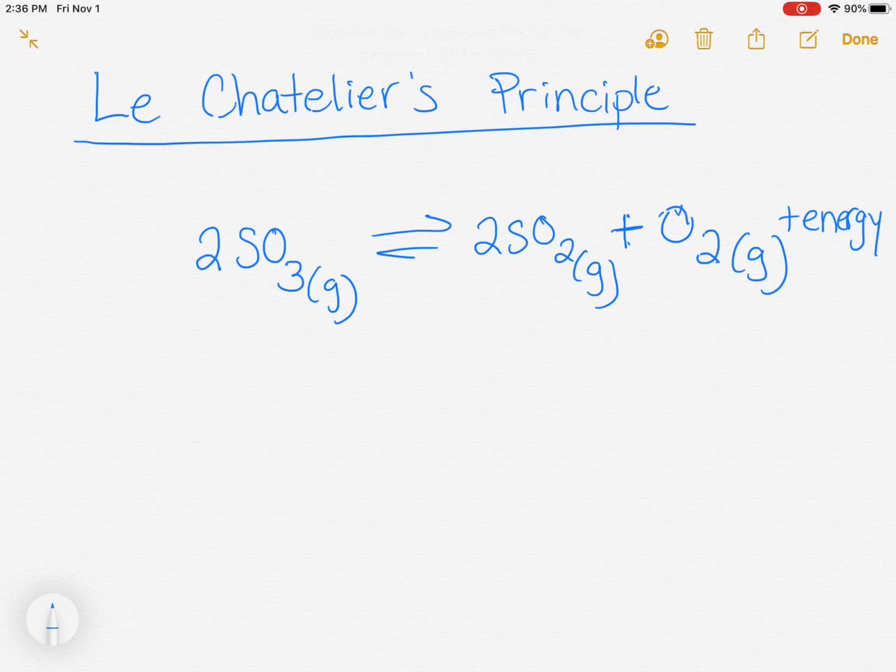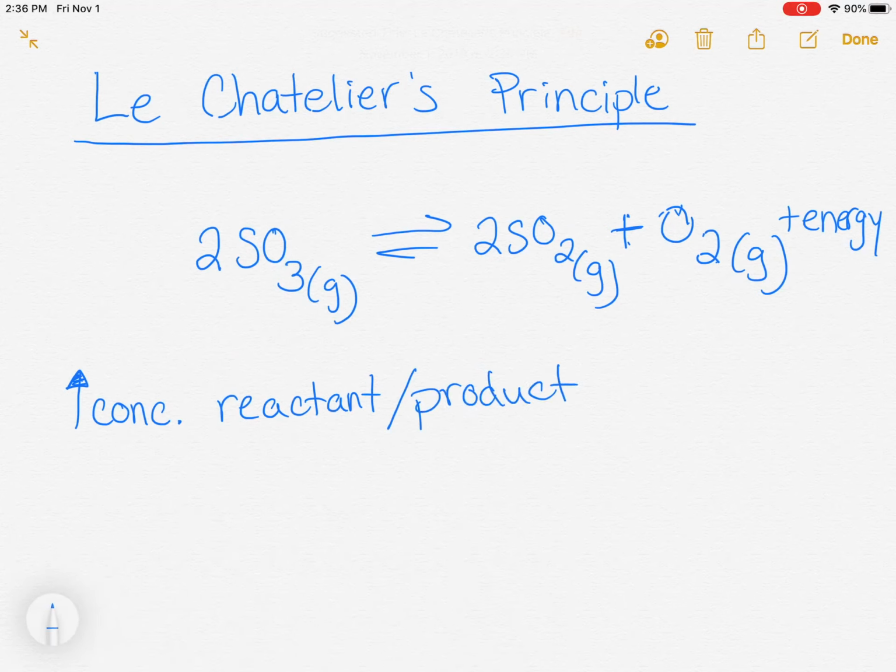So if we change concentrations, for instance, if we increase the concentration of a reactant, okay, anytime we increase the concentration of something in our reaction, whether it's a reactant or a product, the equilibrium is always going to shift away from whatever you added.